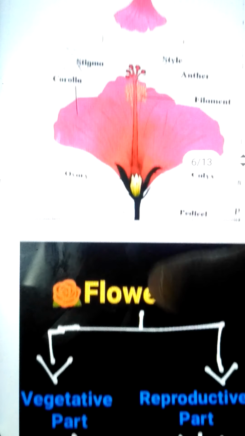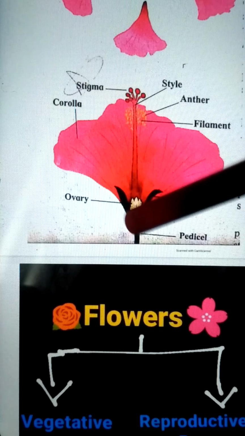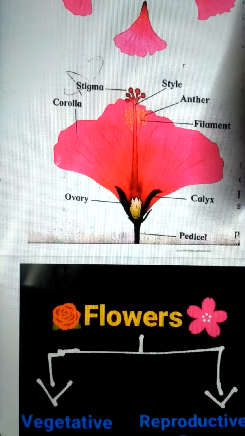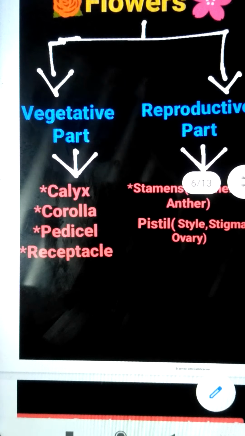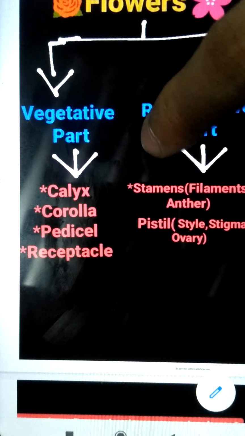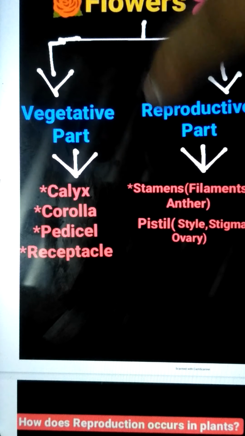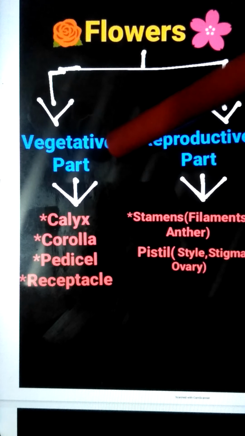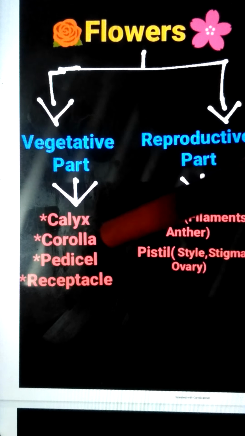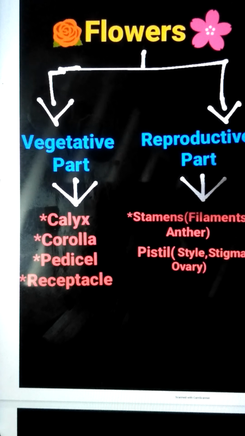See, in this, the green structure which is holding the flower, that is called what? Receptacle. See, now the vegetative parts of flowers are what? Calyx, corolla, pedicel and receptacle.